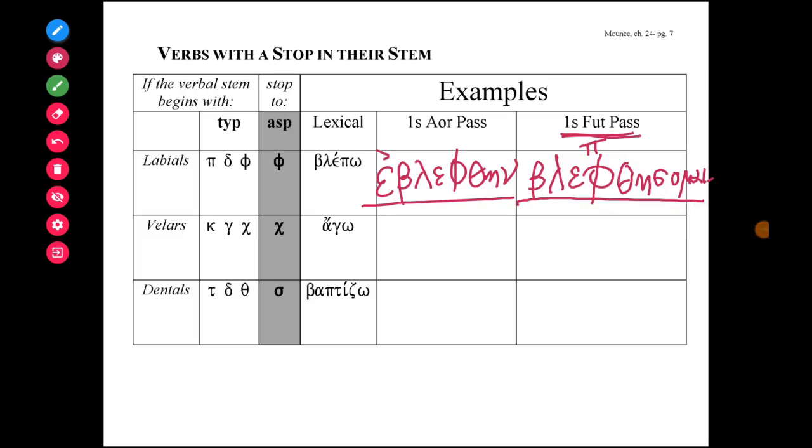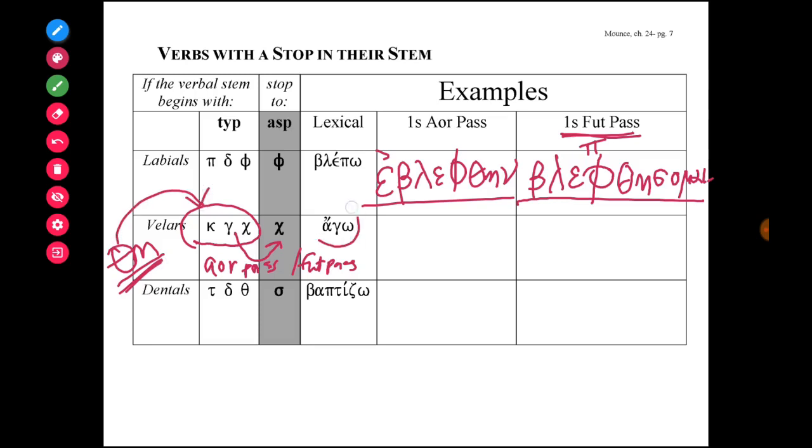So what about the velars? Again, you'll expect anything that ends with these stop letters to aspirate to a chi when you form the aorist passive or the future passive, and it's because you're always adding that passive voice tense formative thē to it, which aspirates these stops.